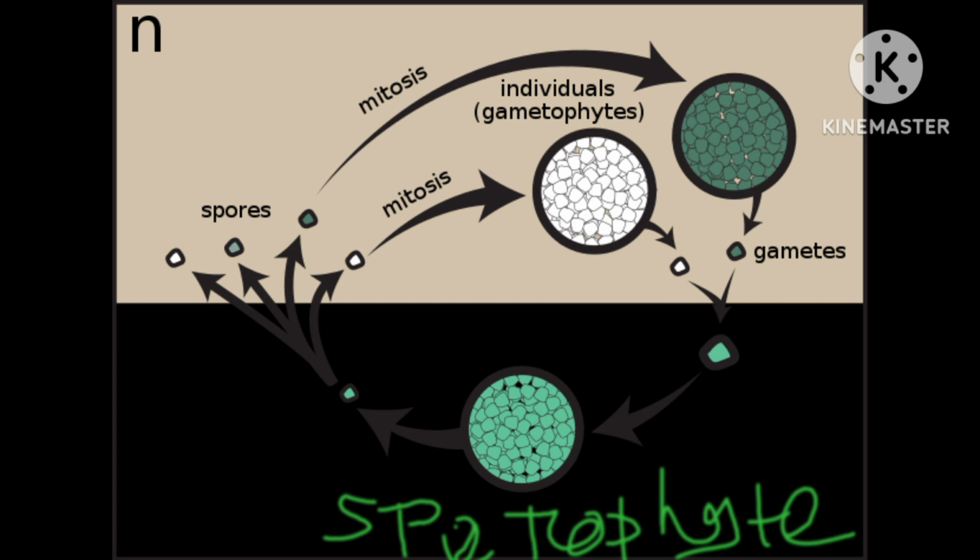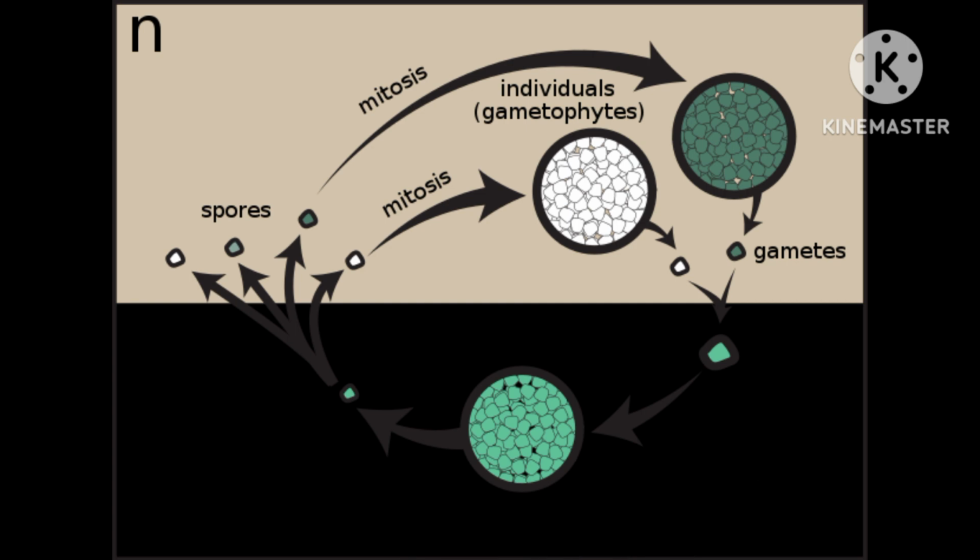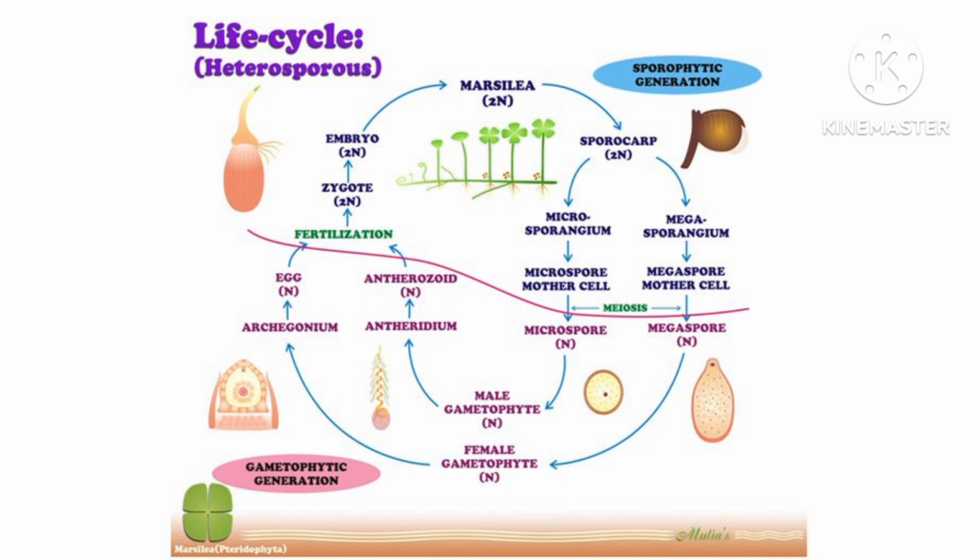From here the spores arise. n type spores arise by meiotic division, and then mitosis takes place and gives rise to individual gametophytes, that is male and female gametophytes. These spores in favorable conditions give rise to the male and female gametophytes, which bear male and female sex organs, where fertilization takes place and gives rise to the zygote, and the zygote by mitosis gives rise to the sporophyte. This is the life cycle of a heterosporous plant.